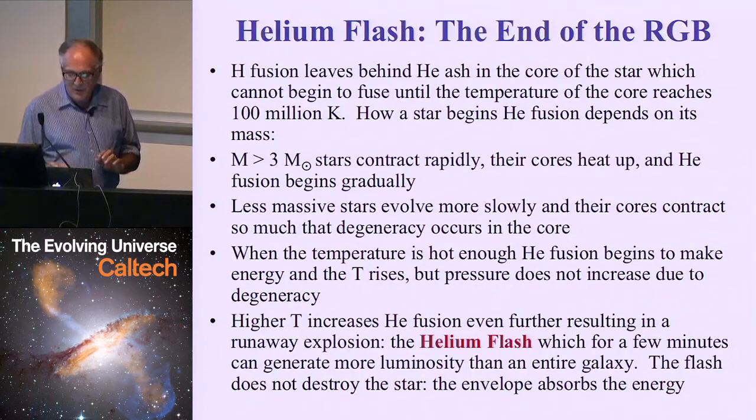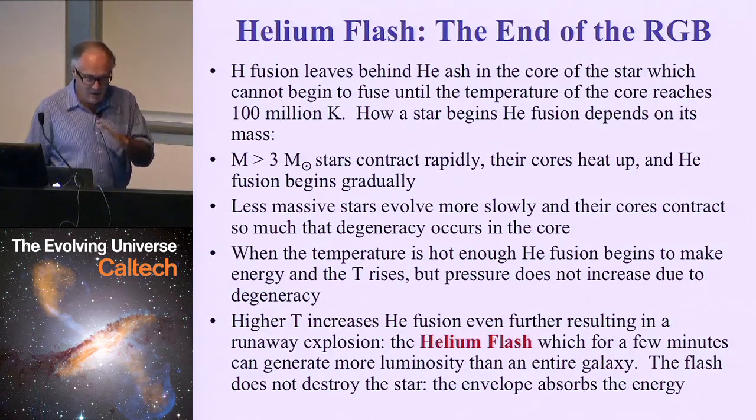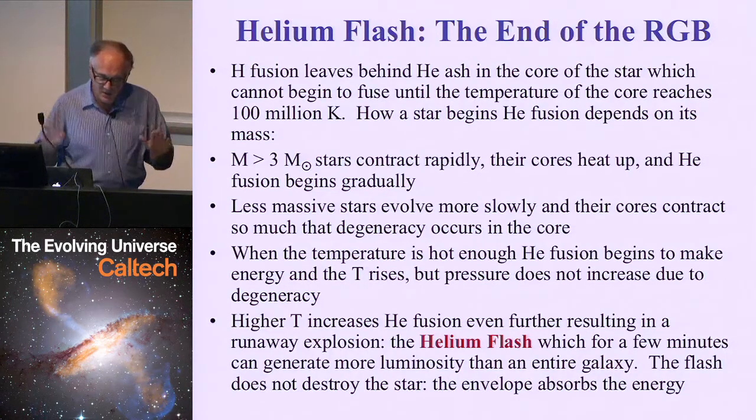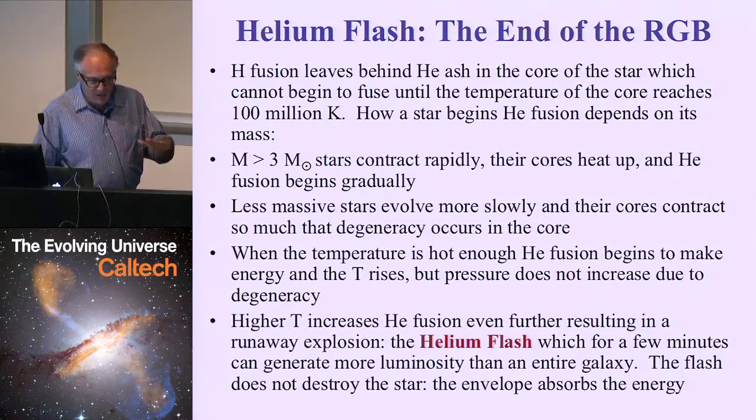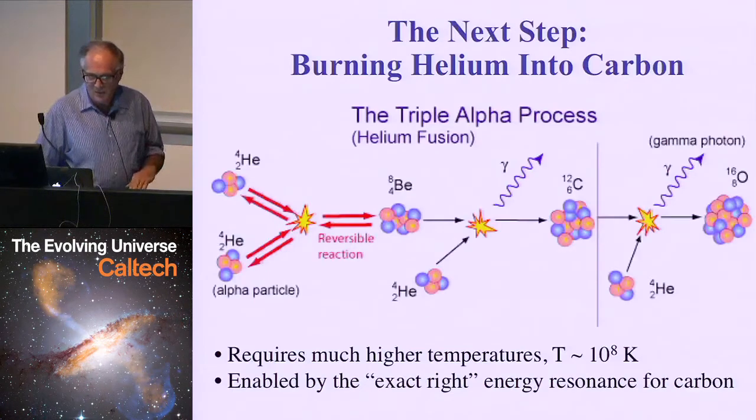But for those that do, the helium flash, which is never seen as a flash on the surface as far as we know, is an event that signifies the end of it. Usually it ends with an explosion of the envelope, which gets all its energy, and that can become a planetary nebula. And then whatever is left of the star that burns helium and hydrogen goes onto the horizontal branch.